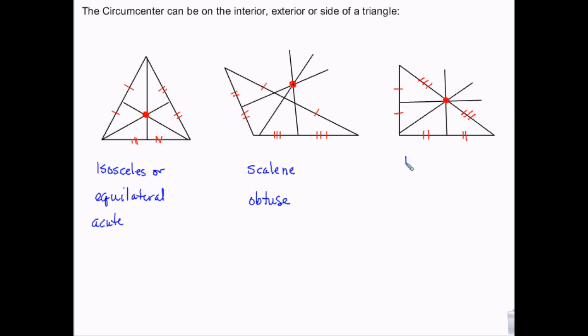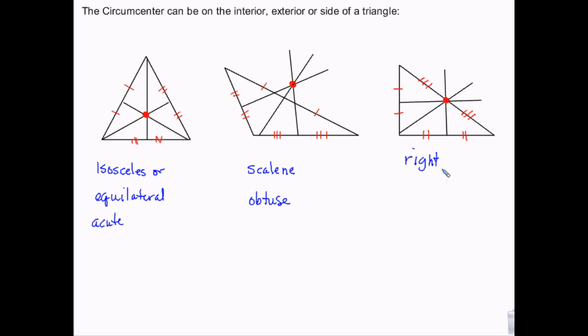And then if you have a right triangle, it will fall on the side. Okay, and the reason it falls on the side of a right triangle is because this is always 90 degrees, so when you hit the 90 degrees here, it makes it on the side.